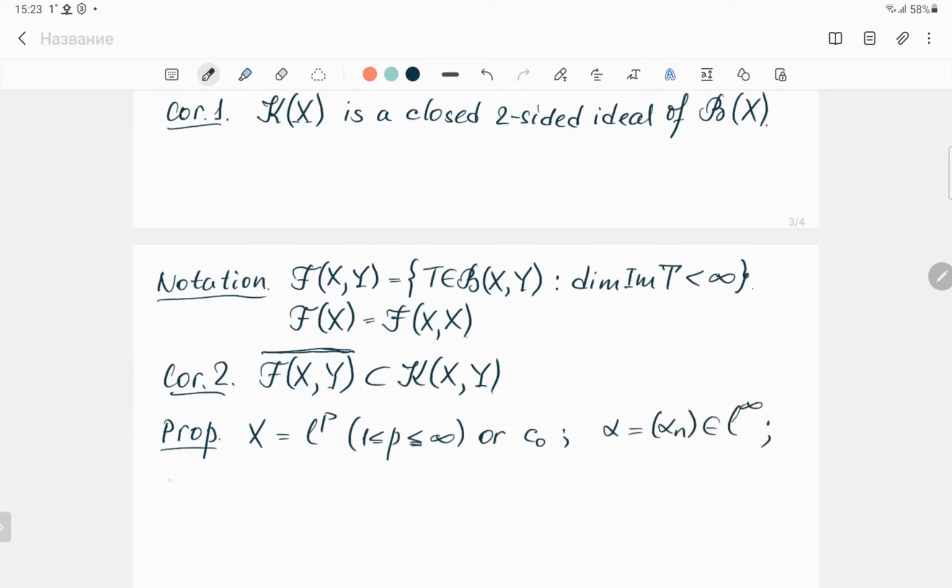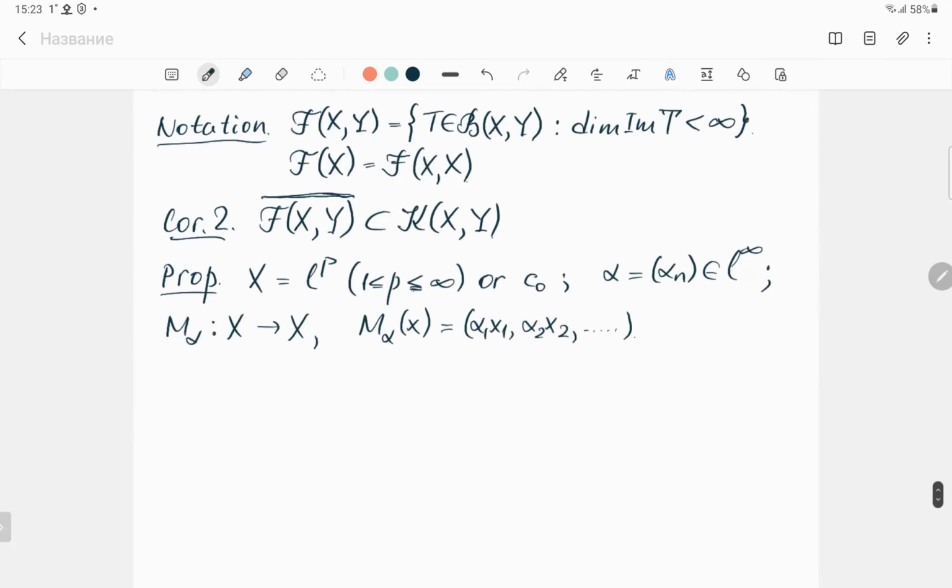And we consider the diagonal operator M alpha from X to itself, which is just the pointwise multiplication by alpha. We already know that this operator is bounded. The norm of this operator is just the supremum norm of alpha. So the natural question is, when is it compact?